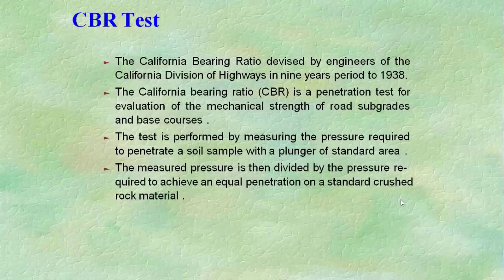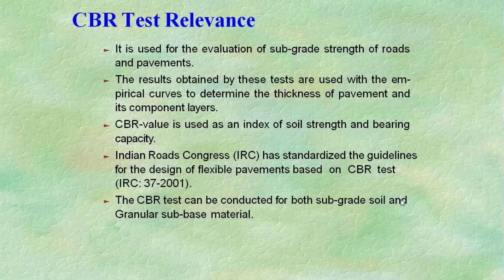So the CBR test denotes a measure of resistance to penetration of soil or a flexible pavement material of standard plunger under controlled test condition. The CBR test may be conducted in the laboratory generally on a remolded specimen. The test may also be conducted on an undisturbed soil specimen.